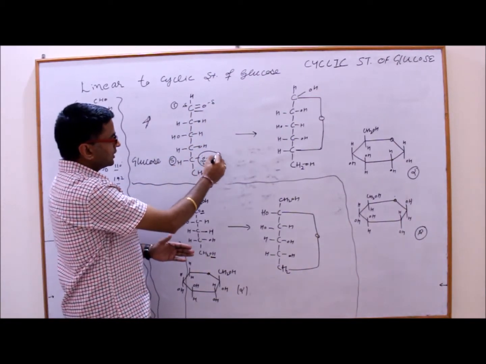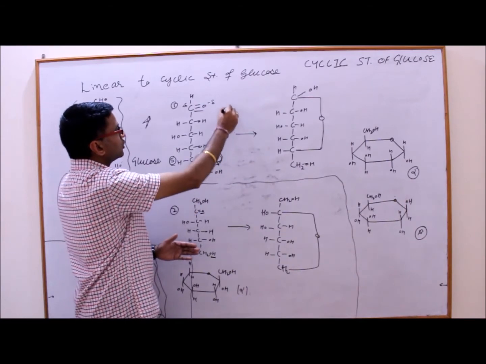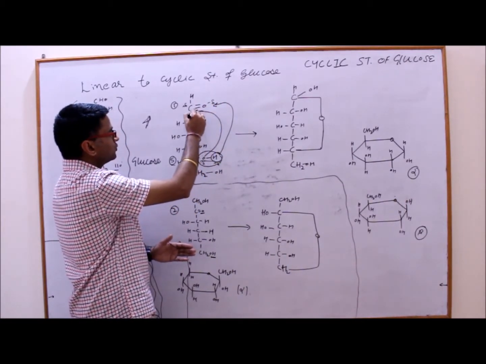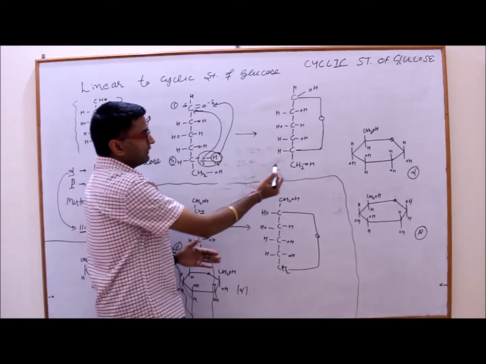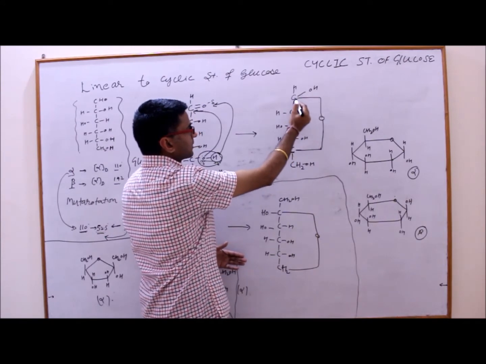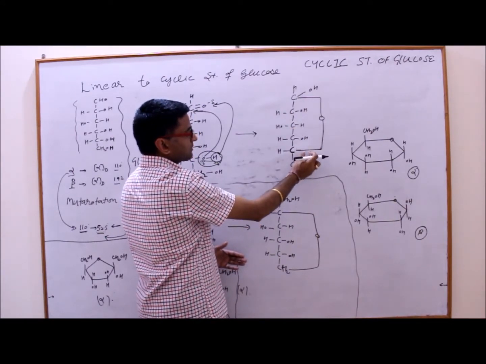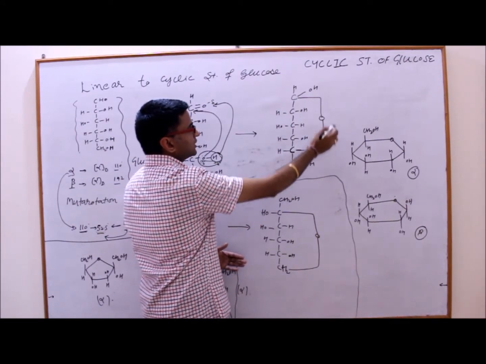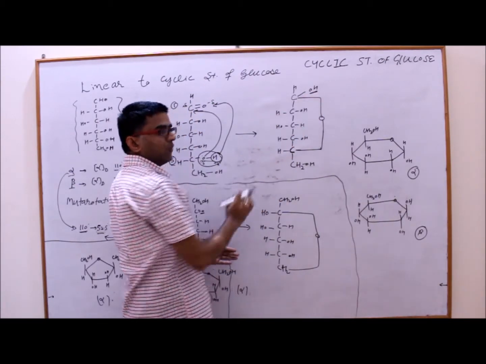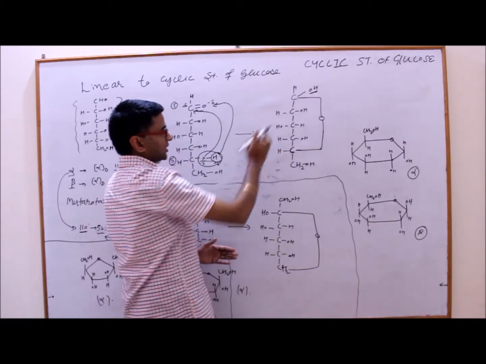Okay, this H goes to O and this oxygen goes to carbon. So we have a linkage carbon, oxygen, carbon, and the H, which was present in the form of OH, gets attached to the oxygen of the carbonyl, forming the OH, and this forms a cyclic structure.